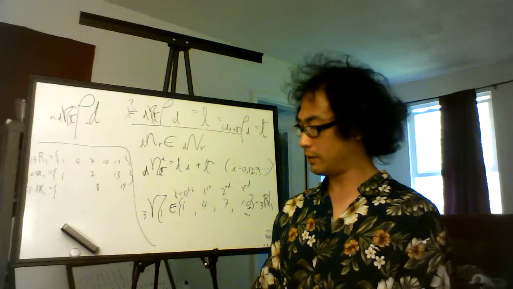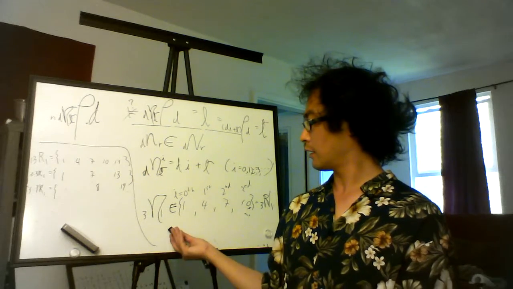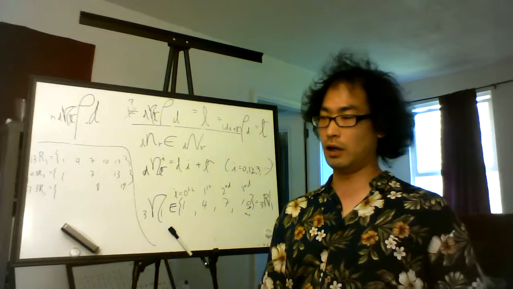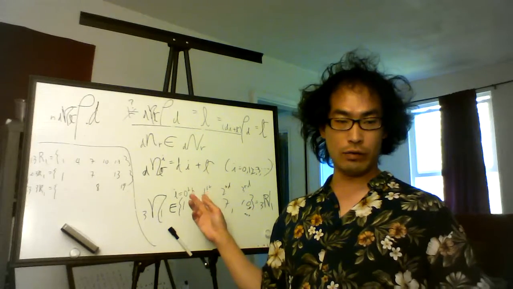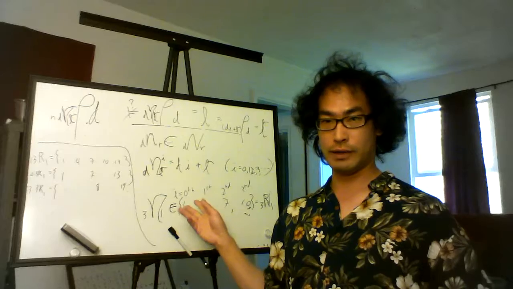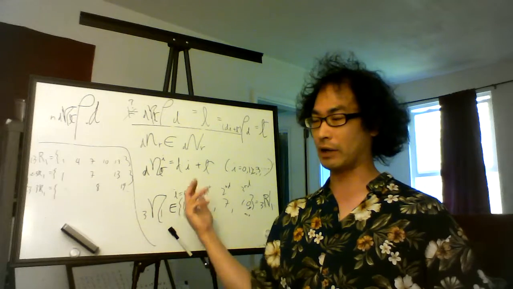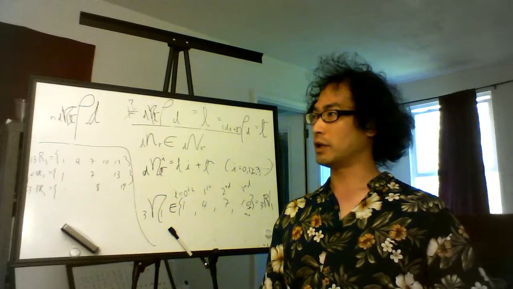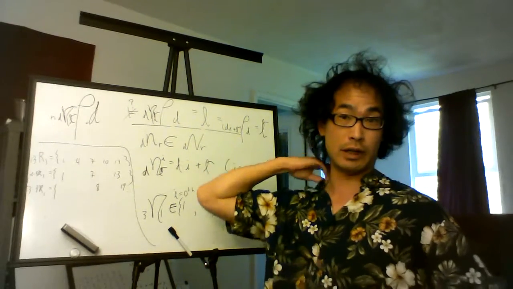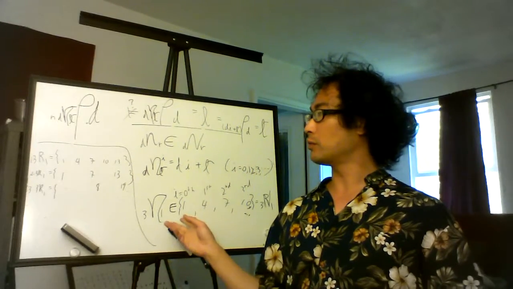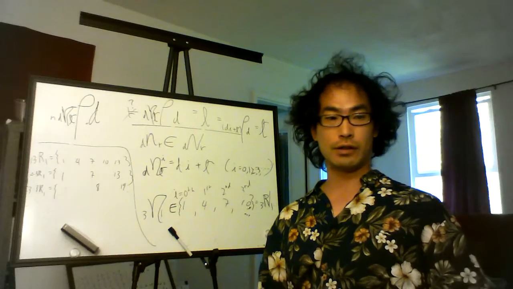We are backtracking a lot, but we have to go through this, okay? Before we get back to the Euclid's triangle, because we have to have a very strong foundation.